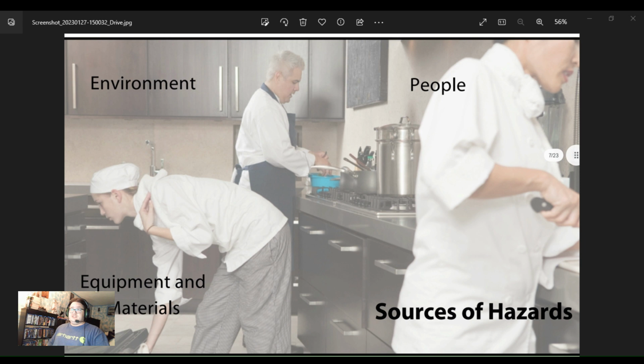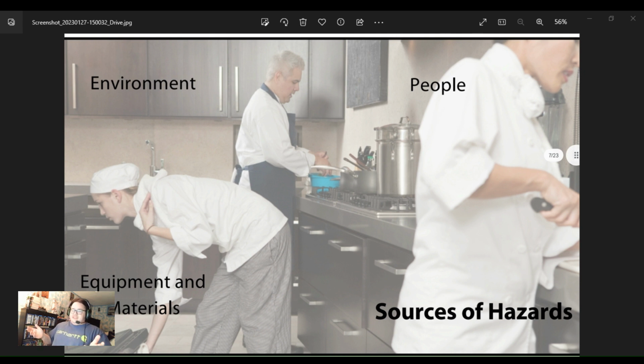And the hardest one to change, people. Now, this comes down to behaviors and culture. So if you cultivate a good safety culture, mwah, no problem. You're golden. But if you have not done that, then changing people's behaviors and their inclinations to not do the safe options, that is a definite hazard.